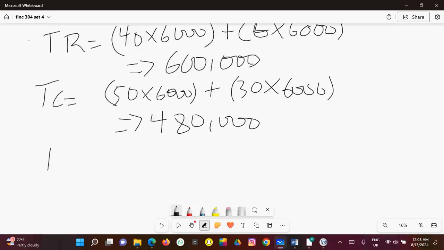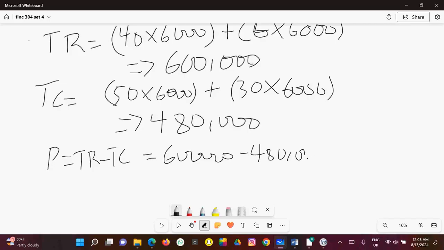So our profit is TR minus TC: 600,000 minus 480,000, which gives us 120,000. That is the profit they are going to make for strategy one.